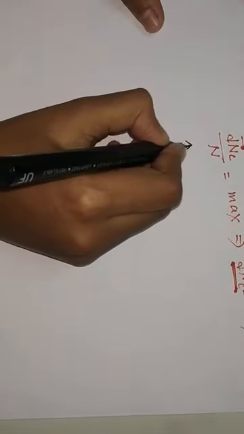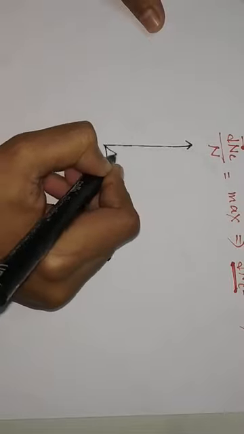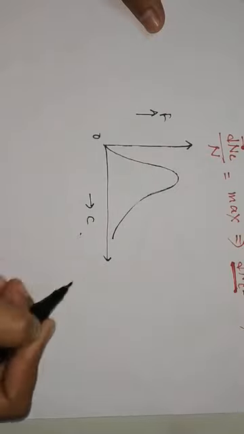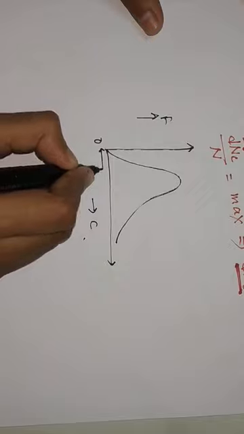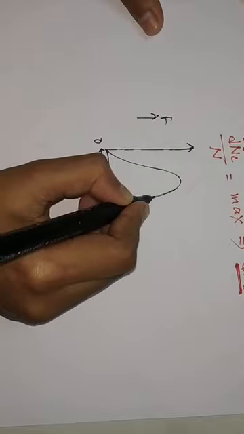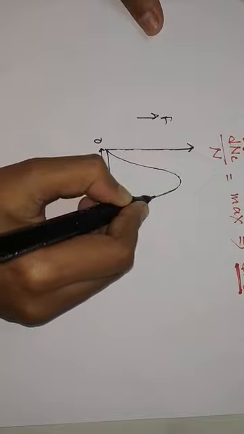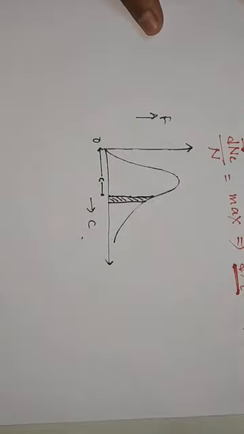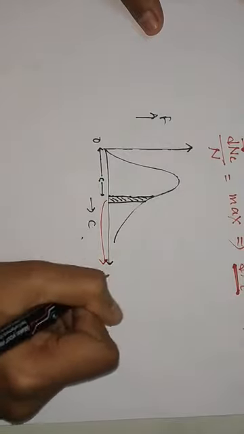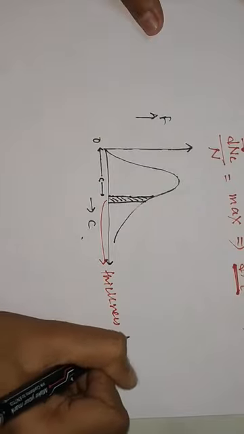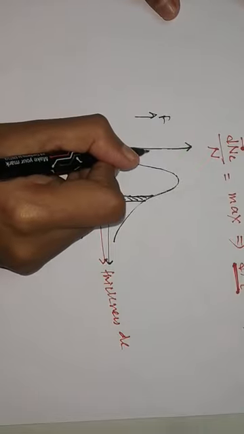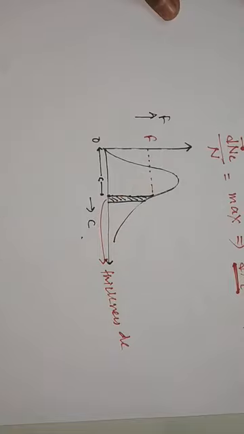Okay, now if I draw the curve again, suppose at a distance c from the origin, we take a thin strip of thickness dc, and over here at c, the corresponding value of the distribution function is f.